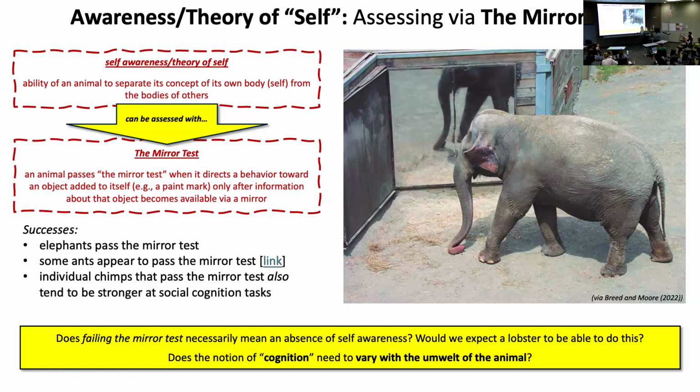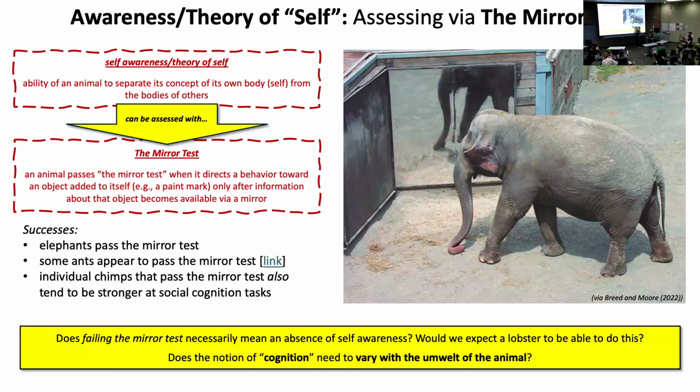But what if you have an animal like this elephant, where you've painted a little circle of paint on the forehead that the elephant can't see, or you've put something on the animal that again they can't experience in some way.